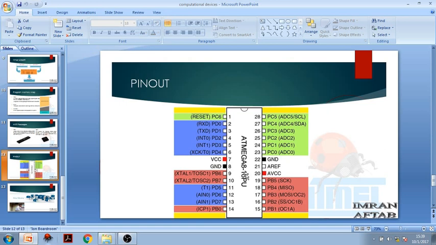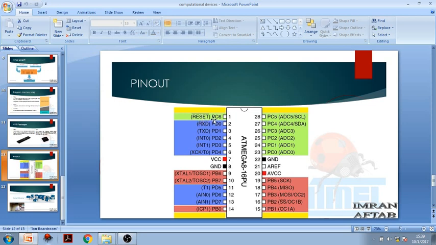Here you may see that something is written in brackets. That is the multiplexed function or feature of that particular pin. Suppose we take the example of reset. PC6 is a simple input output pin, but its multiplexed function is reset.